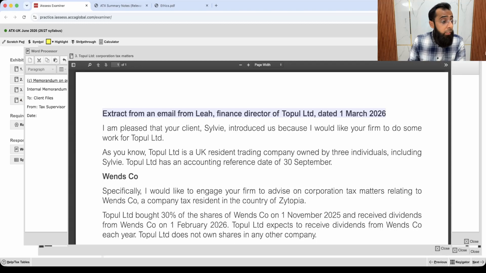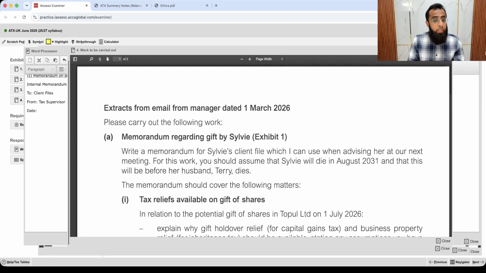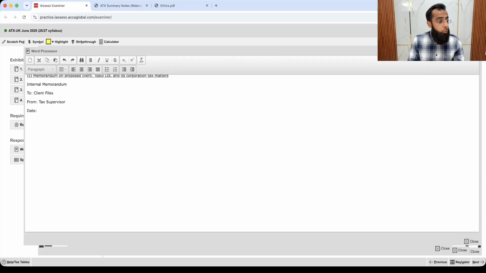Write the date which is given in the scenario. The date at which the manager sent you the email was 1st March 26. Client here is Topul Limited. And what is the subject? Corporate tax matters of Topul Limited.